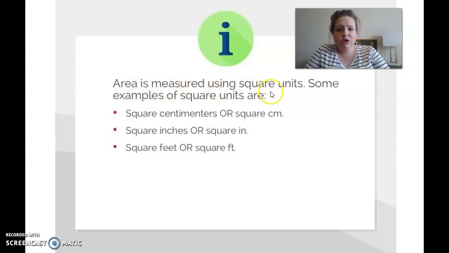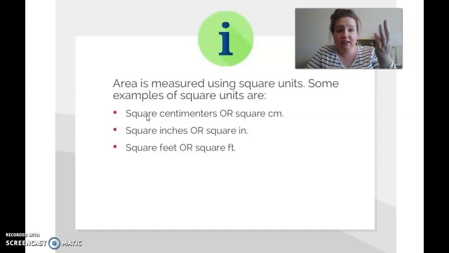Area is measured using square units. Some examples of square units are square centimeters, square inches, square feet. Now you will also see square miles, square yards, square meters. There's a lot of different measurements, but it's always going to say squared and then whatever unit of measure is being used.